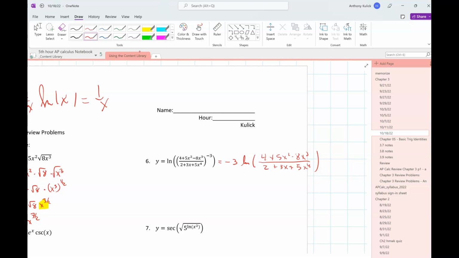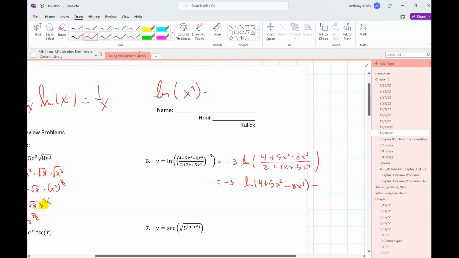Everybody's okay with what I did there? Now I see that I have a quotient inside my logarithm, so I would use the quotient property here. Actually, let's just write it this way. Why is there a -3 in front of the natural log in the parentheses? Remember we had this property of logs.